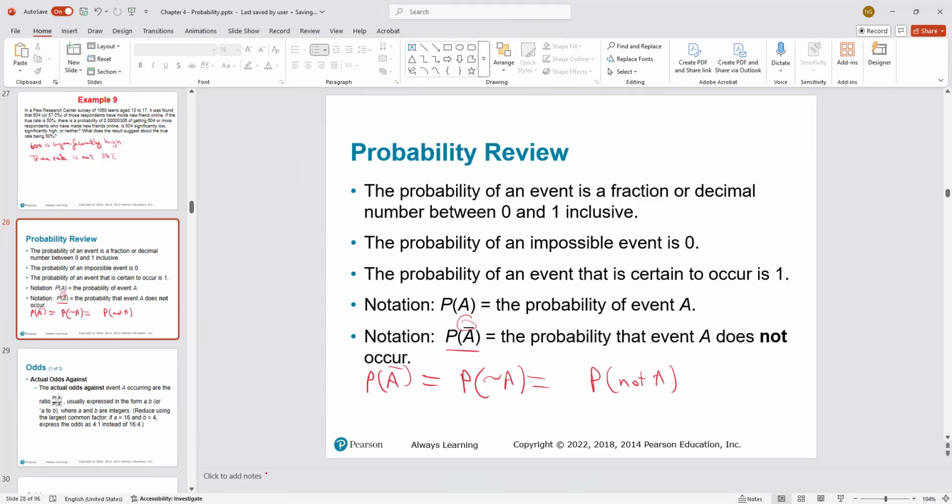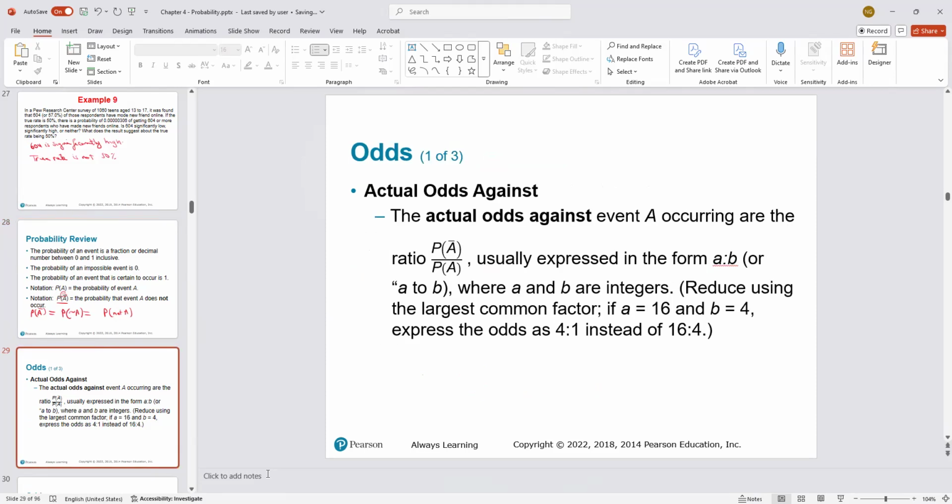Very important, odds are something we need to review. Expressions of likelihood are often given as odds, such as 50 to 1. The actual odds against A are a ratio, so we usually use ratio for that.